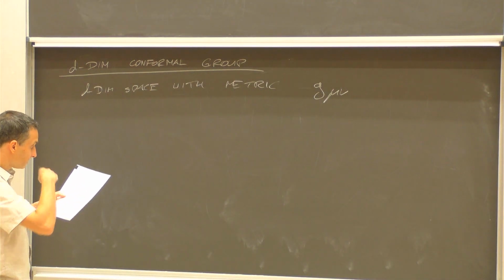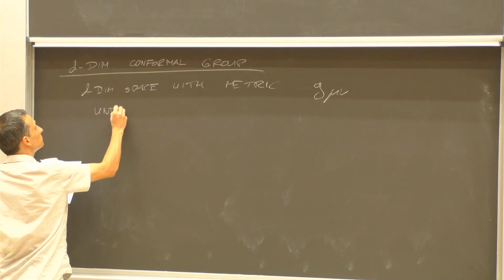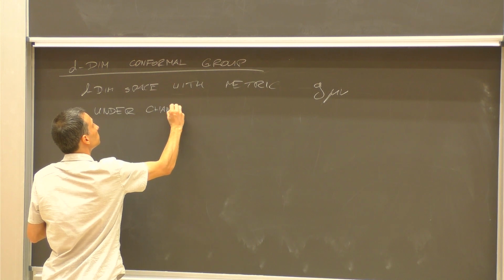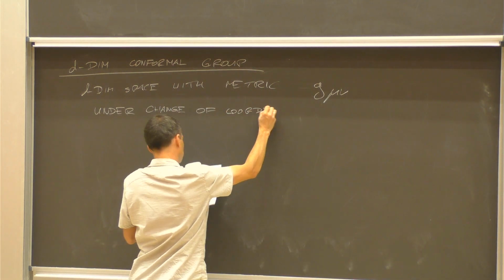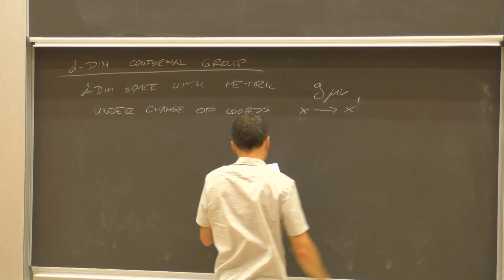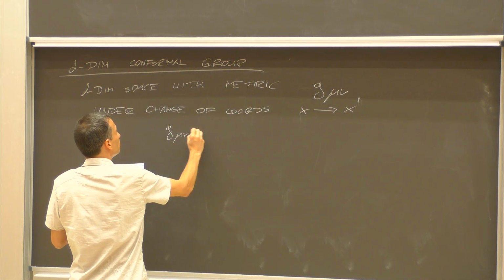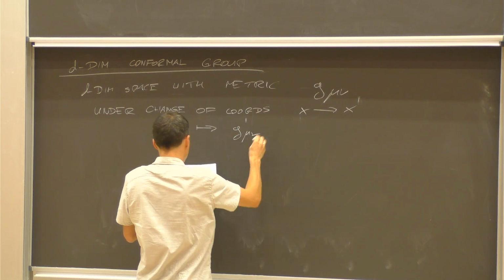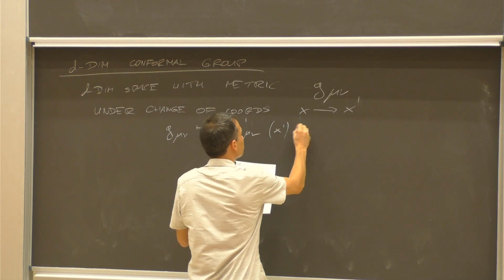And in general, under some change of coordinates, x to x', the metric transforms in a way that we all should know. But I will also write some things explicitly, which we all know, just to fix the notation.